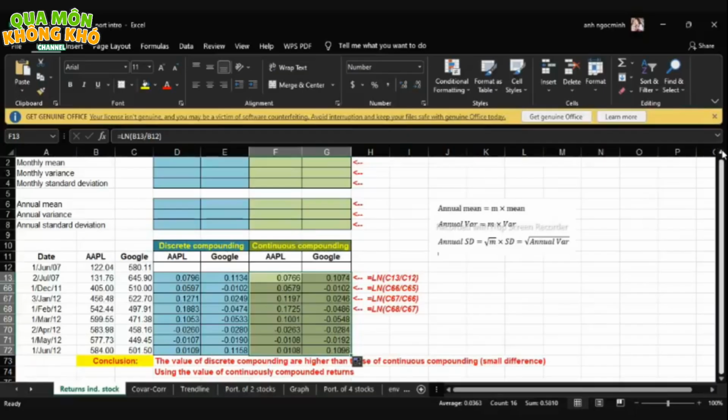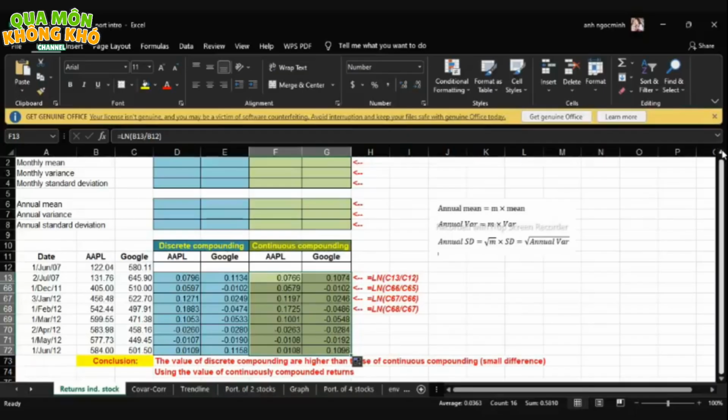For example, if you have the continuous compounding return for weekly or daily, you just add up all of those returns and you have the monthly return or the yearly return, because the formula of those returns uses the natural logarithm.